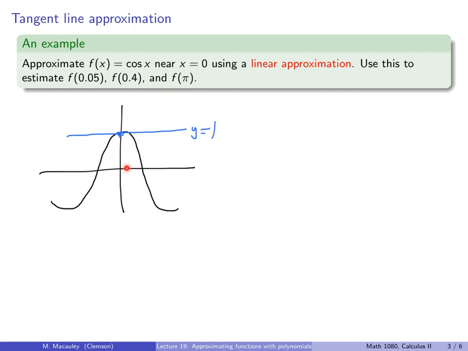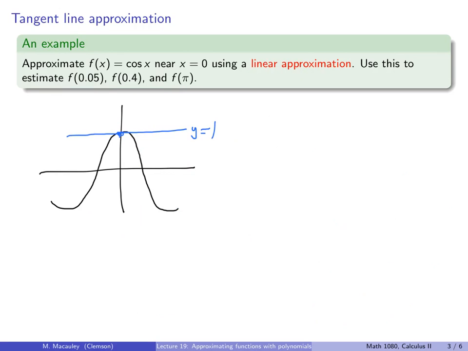One of them is going to be really close to 0. The other one, 0.4, is going to be out a little bit more. And then pi, that's a terrible approximation. That's going to be out here. And as you can see, the tangent line doesn't come close to cosine of pi. Cosine of pi is -1, and this line evaluated at pi is equal to 1.